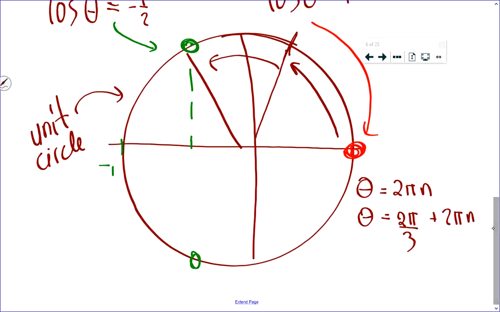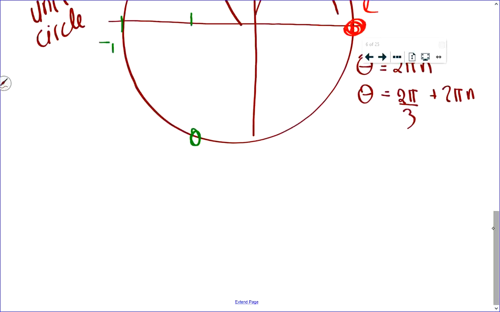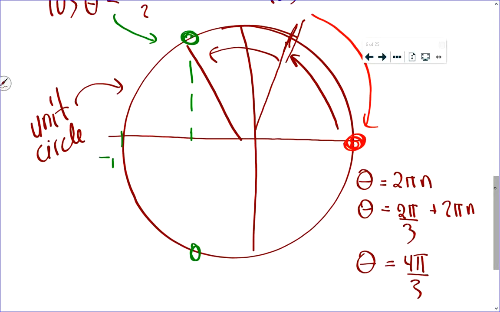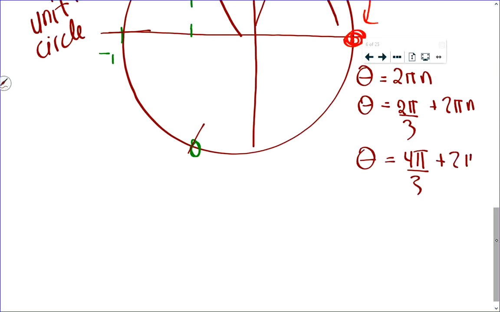The one in quadrant 3 can be described by saying 4 pi over 3. There's 1 pi over 3, 2 pi over 3, 3 pi over 3, 4 pi over 3, plus multiples of 2 pi, where n is an element of the integer. And that's fine. That's an acceptable answer.